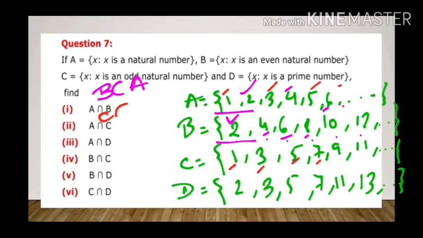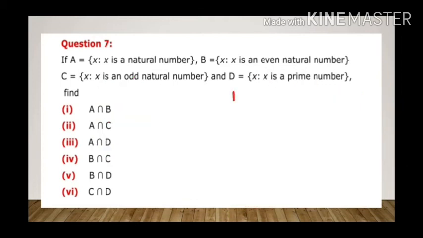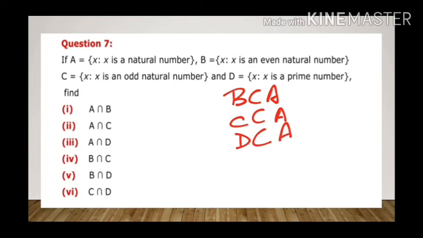So again C is a subset of A. Similarly for D, because all prime numbers are natural numbers, D is also a subset of A. So you got B, C and D all subsets of A.